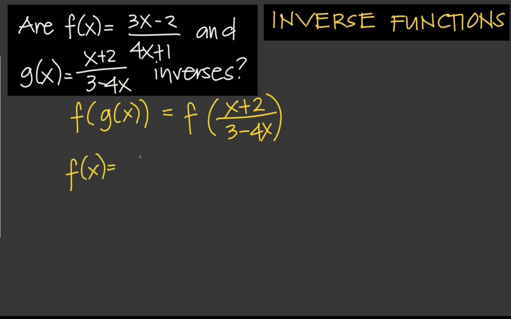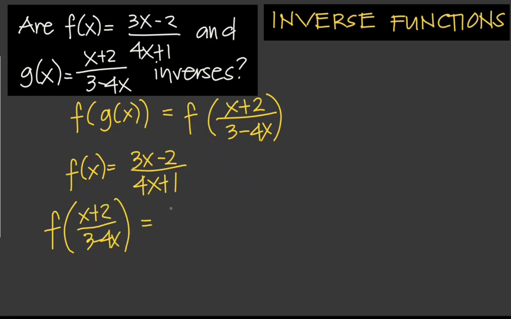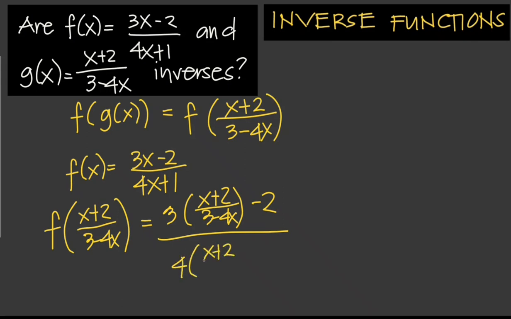f of x is equal to 3x minus 2 over 4x plus 1. So f of x plus 2 over 3 minus 4x is 3 times x plus 2 over 3 minus 4x, minus 2, over 4 times x plus 2 over 3 minus 4x, plus 1.